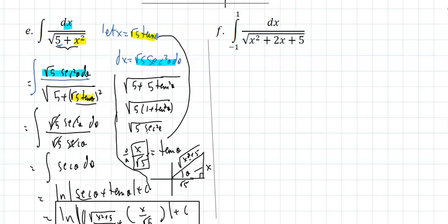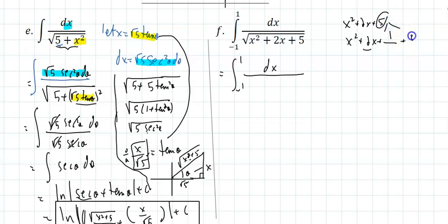So the way to do that is for you to complete the square and use one of those three properties. That's x squared plus 2x plus a number. So take half of the middle number and square it. That's a 1. I have a 5. If I took a 1 out of it, I have a 4 left.